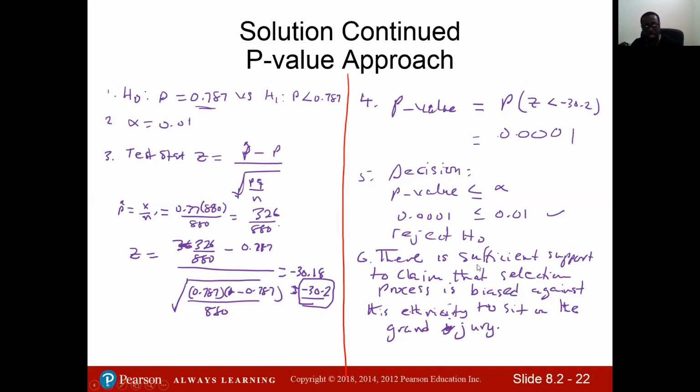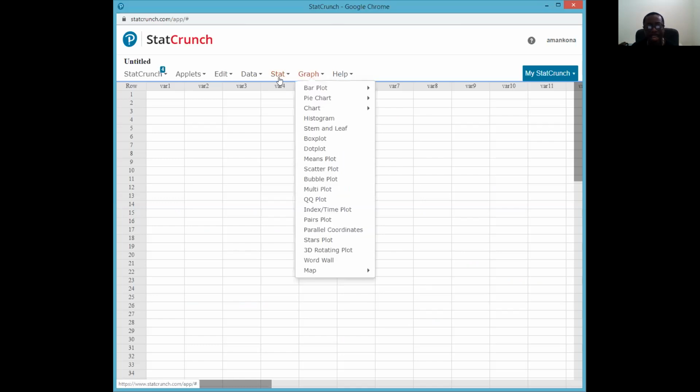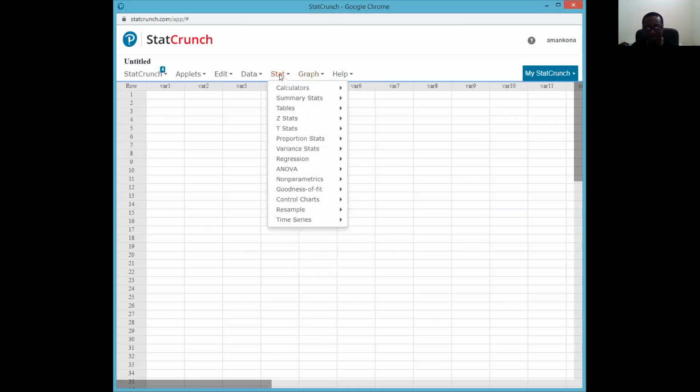Now, if I act on that using StatCrunch, let's see the p-value that will give us, and that will arrive at the same conclusion. So let's go to my StatCrunch. To do that, you go to Stat, Proportion statistics, One sample, with Summary statistics.